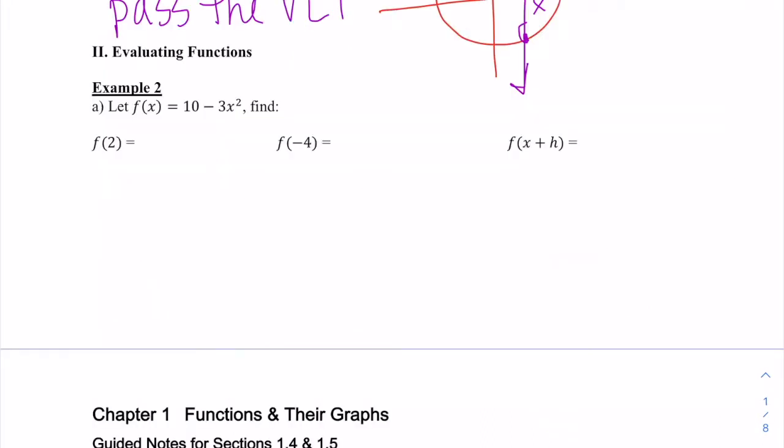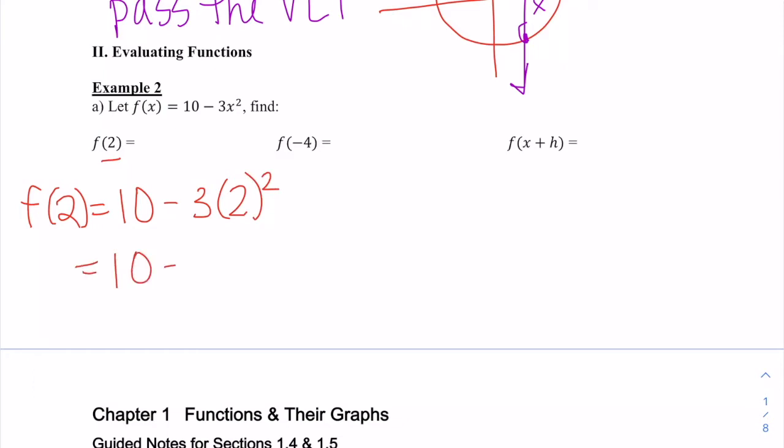Now let's evaluate the function given different values for x. So when we plug in 2 for x, we'll get 10 minus 3 times 2 squared. That equals 10 minus 3 times 4, or 10 minus 12, which equals negative 2.